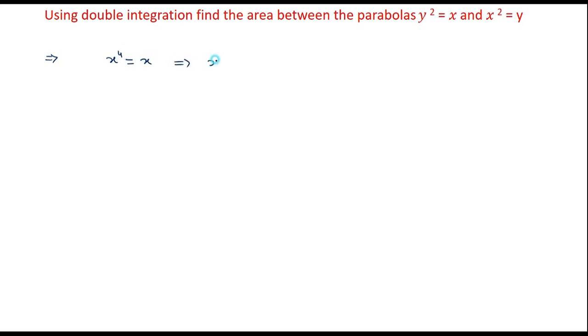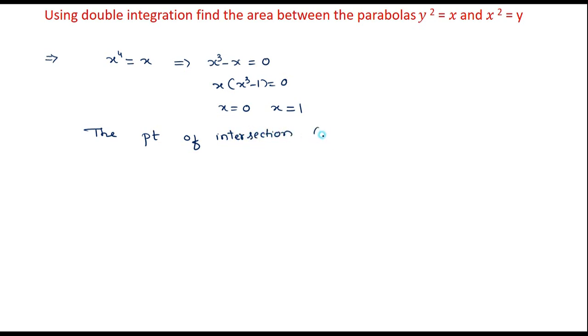That implies x cube minus x is equal to 0, x cube minus 1 equal to 0. x will be 0 or x is equal to 1. So the points of intersection become 0, 0 and 1, 1.